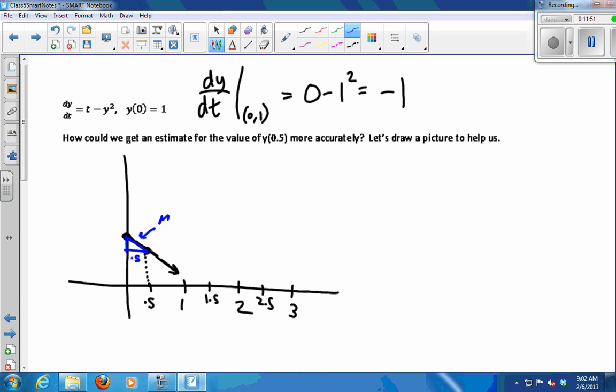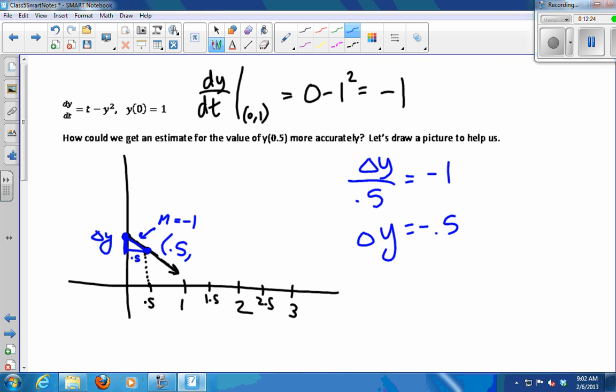I know that the slope of this line is -1, and I'm looking for delta y, right? So I would say delta y over 0.5 equals -1, which means that delta y is -0.5. So that's my change in y. I went down by 0.5. And my y started at 1, right? The y coordinate of this point here is 1, changing the y coordinate by -0.5, going down. So I land at 0.5, comma, 0.5.